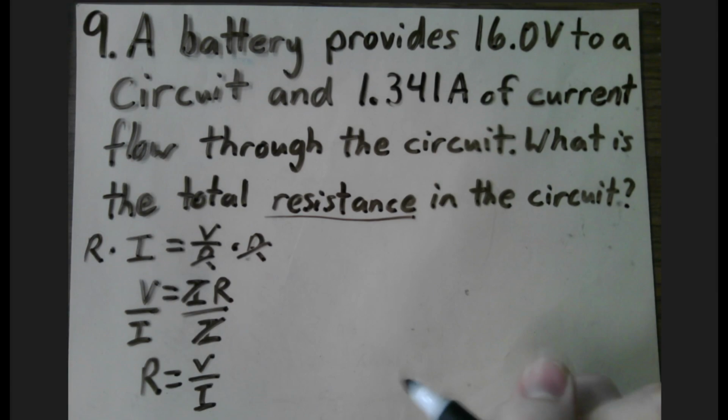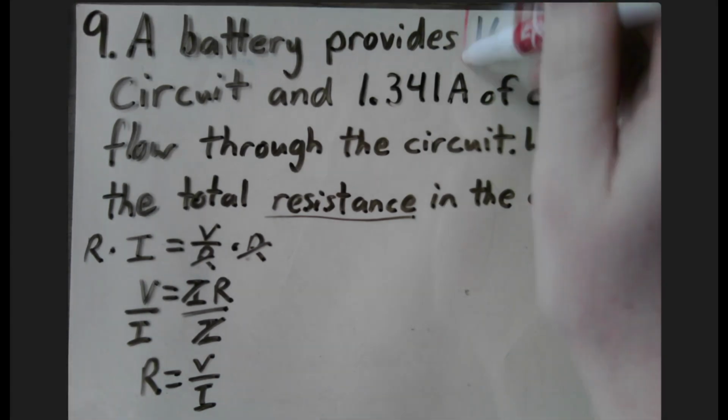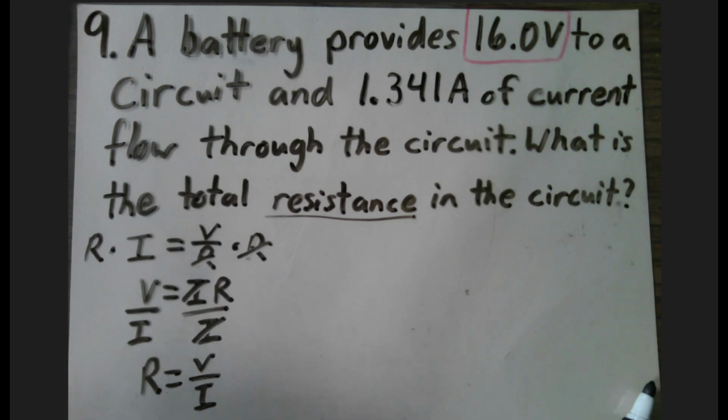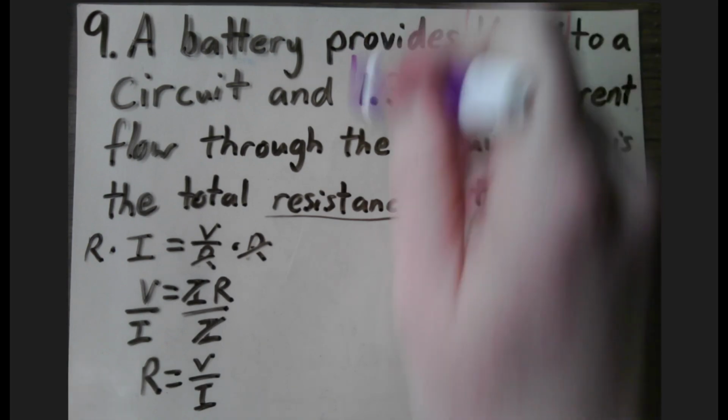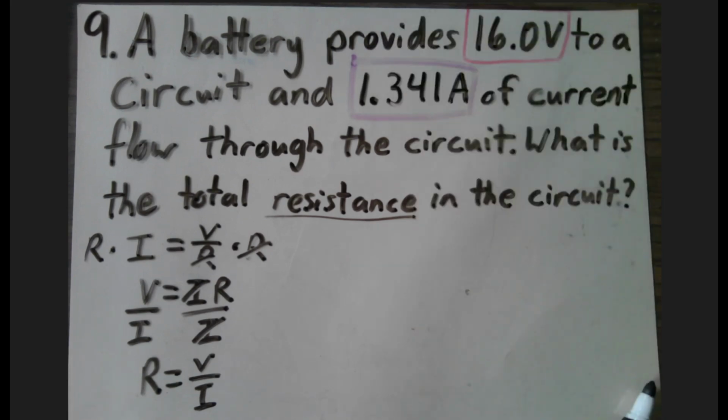Now that we have our formula, let's look at our problem and see what we got. Our voltage is 16.0 volts. Our current is 1.341 amperes. And for this, now we're going to plug it all in.